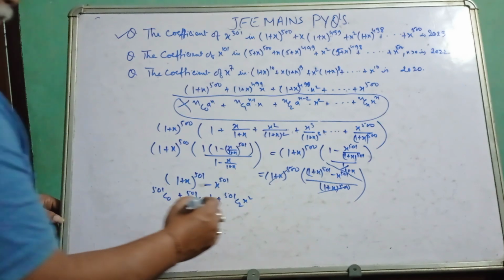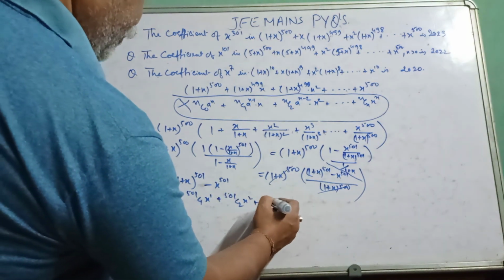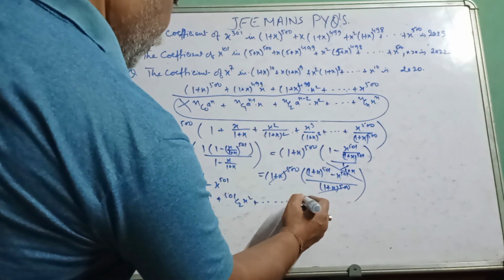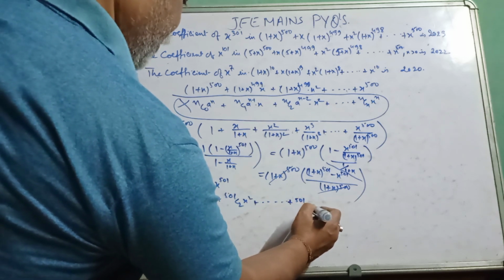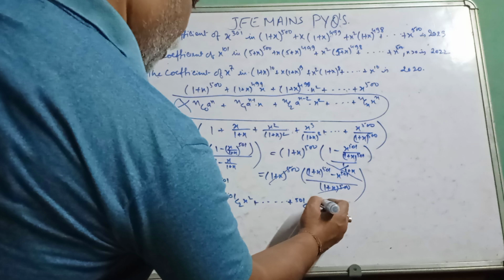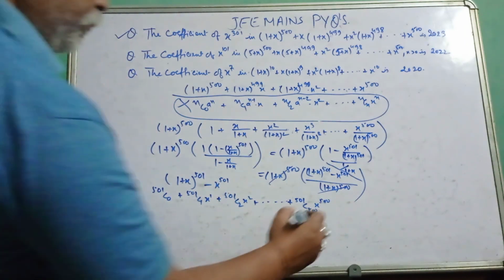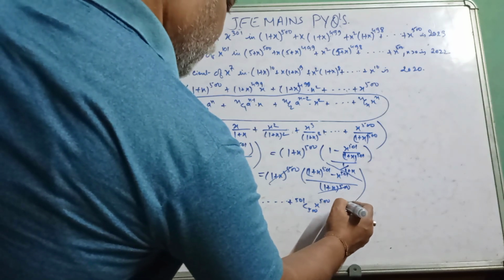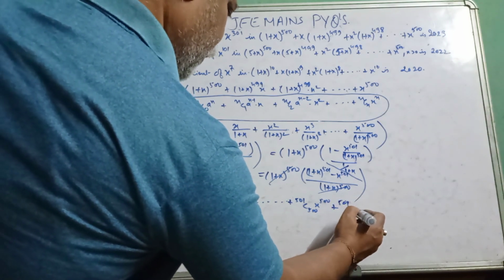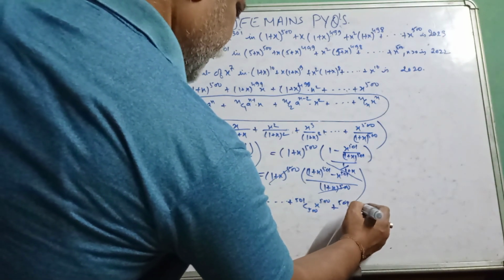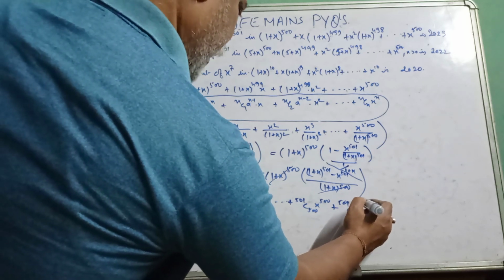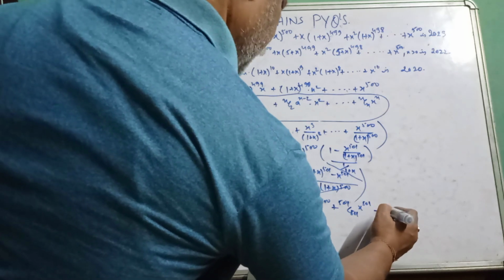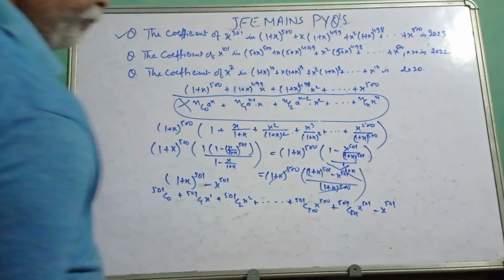This will move on, and then we come to 501C500 x to the power of 500 plus 501C501 x to the power of 501, and minus x to the power of 501.